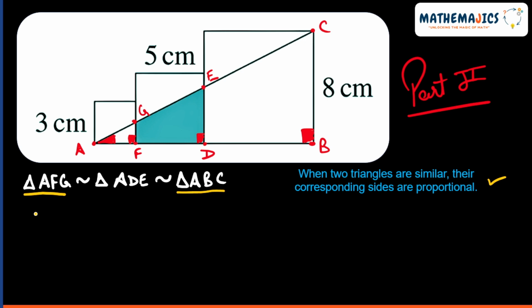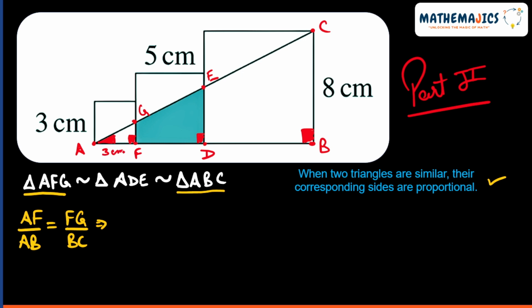I am taking side AF from triangle AFG and the corresponding side from triangle ABC will be AB. This will be proportional to FG over corresponding side BC. Correct?